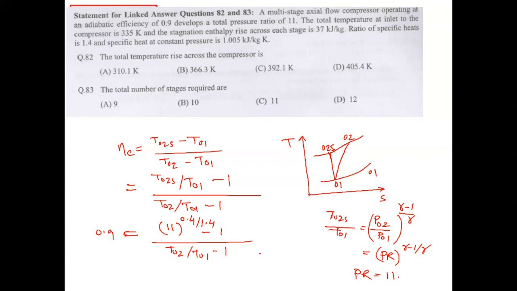So by solving this equation, we get TO2 by TO1 as 2.09.